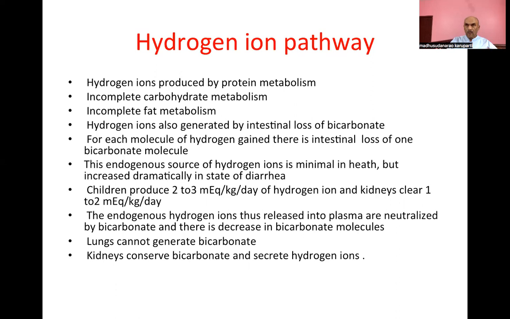Because of the recurrent release of hydrogen ions during metabolic activity, they are neutralized by the extracellular bicarbonate. During this process, there is a decrease in the level of bicarbonate ions. But the kidney conserves bicarbonate ions and secretes hydrogen ions, because lungs cannot generate bicarbonate.